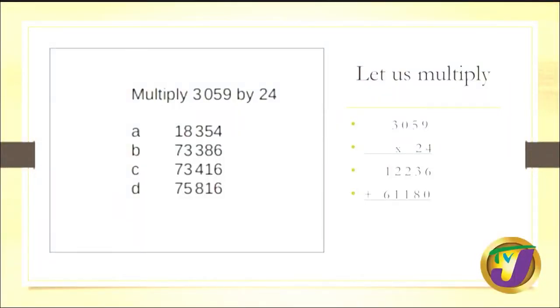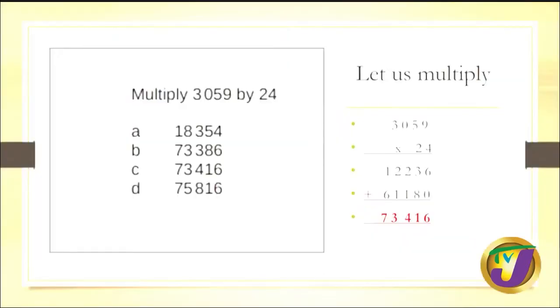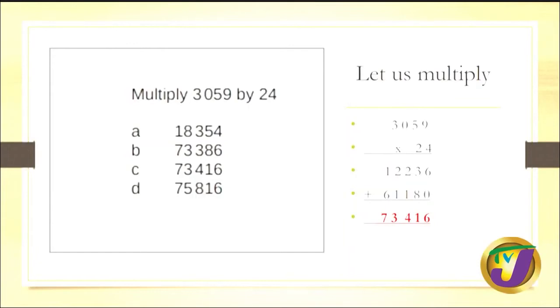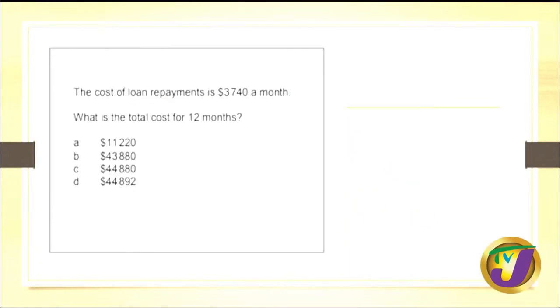Now, on your own time, you can always visit onespotmedia.com or the TVJ YouTube channel and work this through at a slower pace. And when you add those two numbers, you'd get a total of 73,416. So when we multiply 3,059 by 24, your answer would be 73,416.